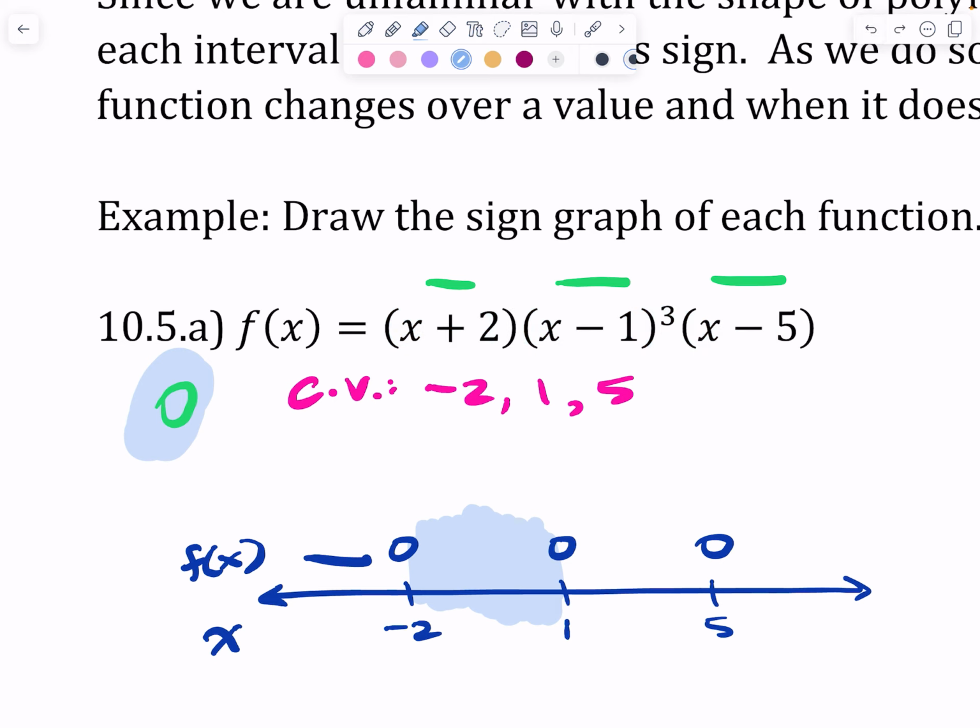So when x is 0, x plus 2 is 2, which makes that one positive. When x is 0, x minus 1 is negative 1, and then when you cube it, it's still negative. So this one stays the same. And when x is 0, x minus 5 is negative, so that also stays the same.